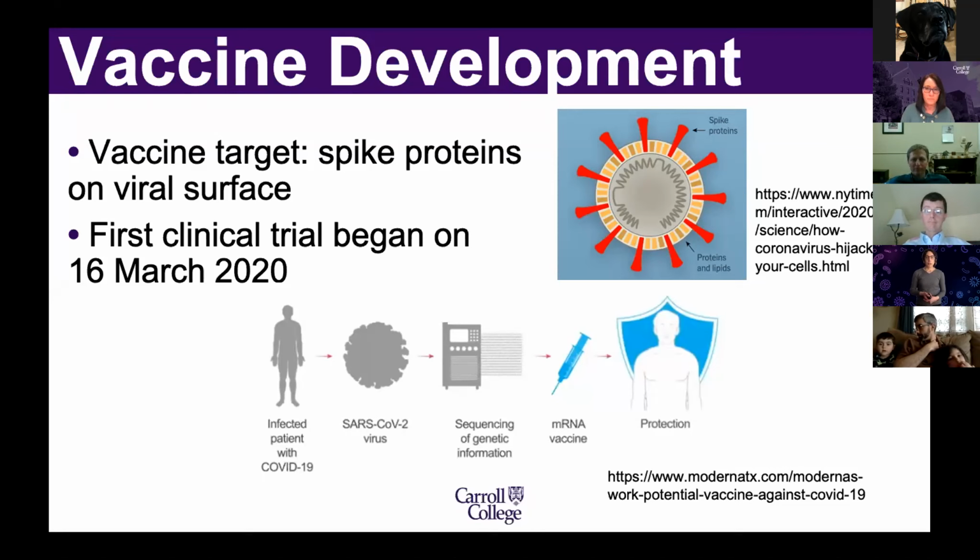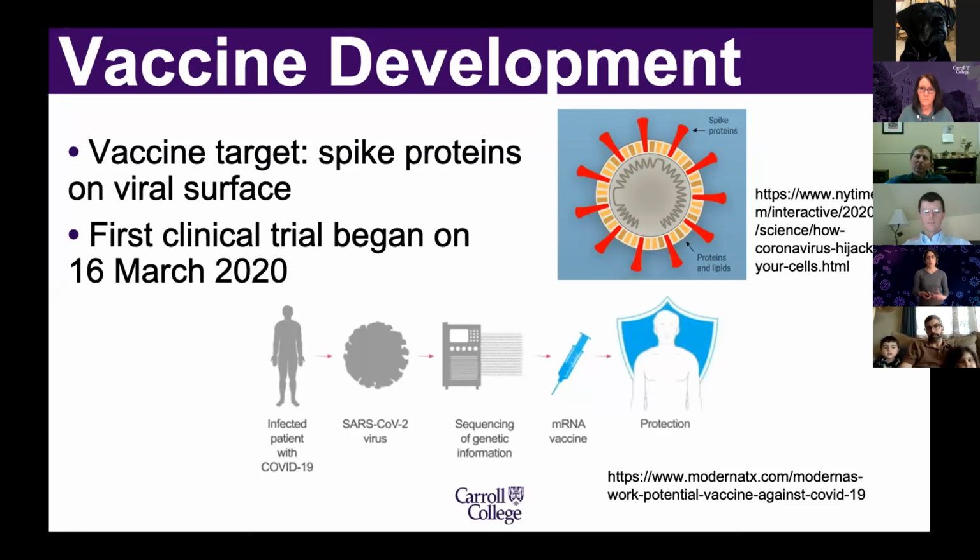A very strong target for antibody production against this virus is the spike protein that is found on the surface of the virus. And in the case of the vaccine that I mentioned that's now in the clinical trial, this is an mRNA vaccine. And so this vaccine inserts into human cells via an injection the instructions for making that spike protein.